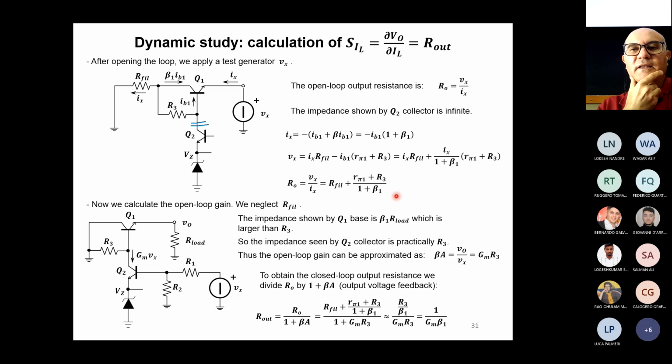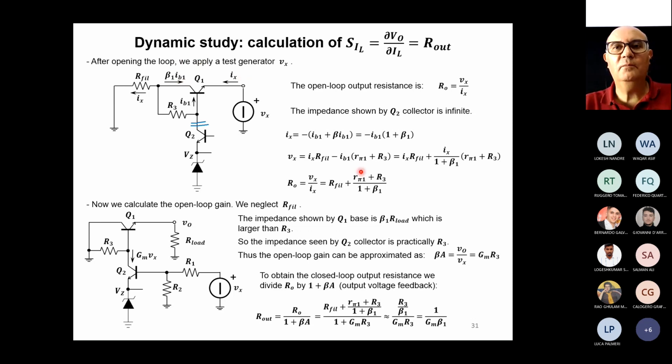What I can anticipate is that I wrote this formula in this way, but we'll use this formula here at the bottom of the slide. If you consider that our filament is quite small, a few ohms. R pi, we are used to considering this resistance of the order of kilo ohms, but this is a power transistor which has low beta, and the static current is going to be high.